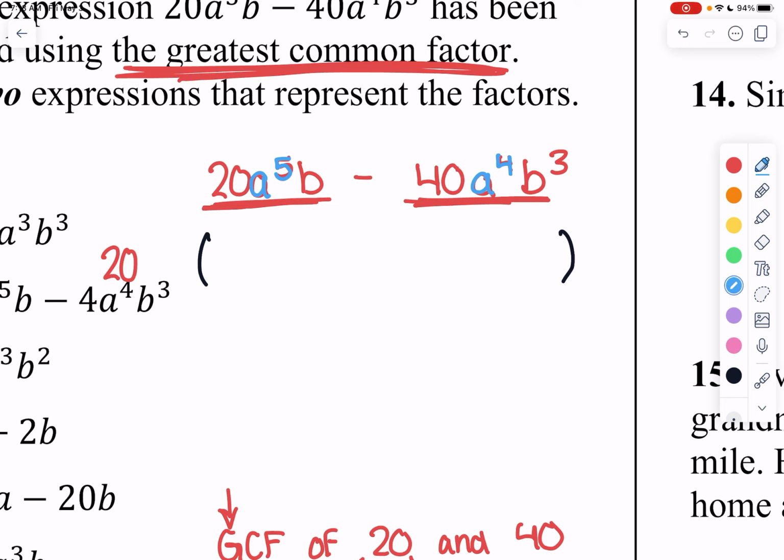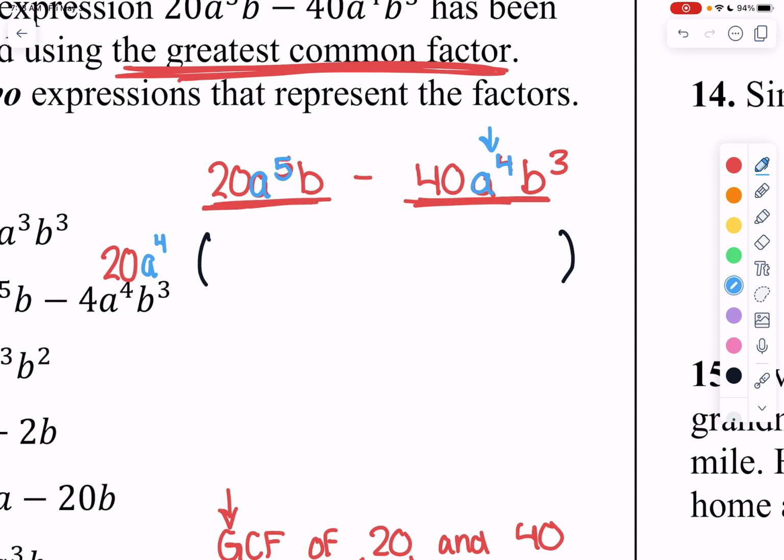In class, I taught us that we take the smaller exponent, which here would be a to the power of 4, because if we think about it, how many a's do they have in common? Well, they have 4 a's in common, okay? This one has more, so this one I can only divide by 4 before it becomes negative.